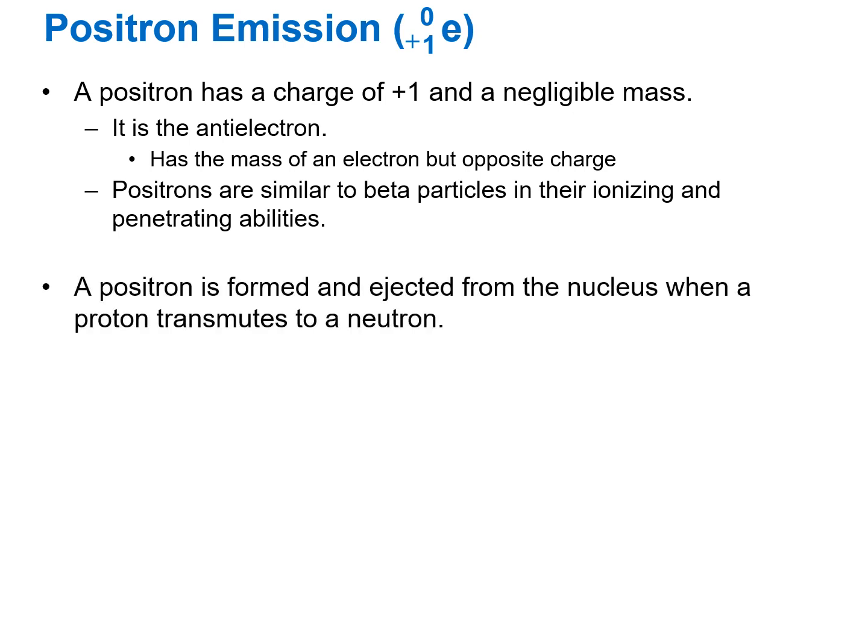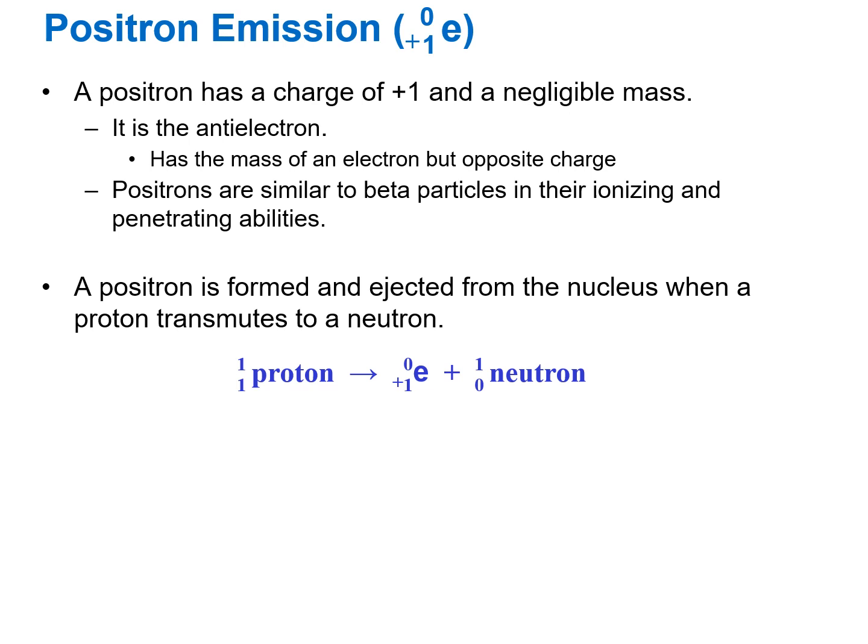Now, a positron is formed and ejected when the nucleus undergoes a transition where a proton turns into a neutron. We've already seen a neutron go into a proton. Now we're seeing just the opposite of that. So our equation, as we see here, is that you have a proton with its one proton and its mass of 1, written out as an isotope.